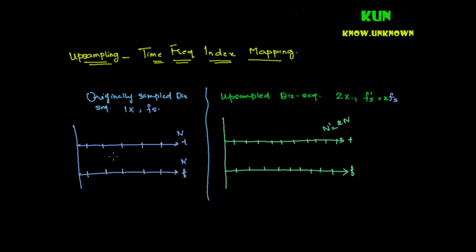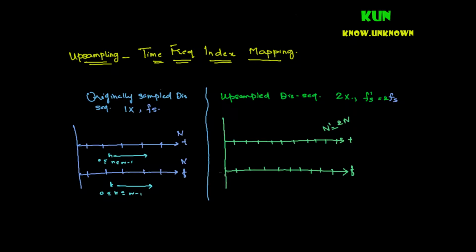And what about the running time and running frequency index? That would remain the same. So this is n and this is k, my running frequency index and my running time index, and both of them vary between 0 and n minus 1, that is, 0 less than or equal to k less than or equal to n minus 1. But here we will see a slight difference.